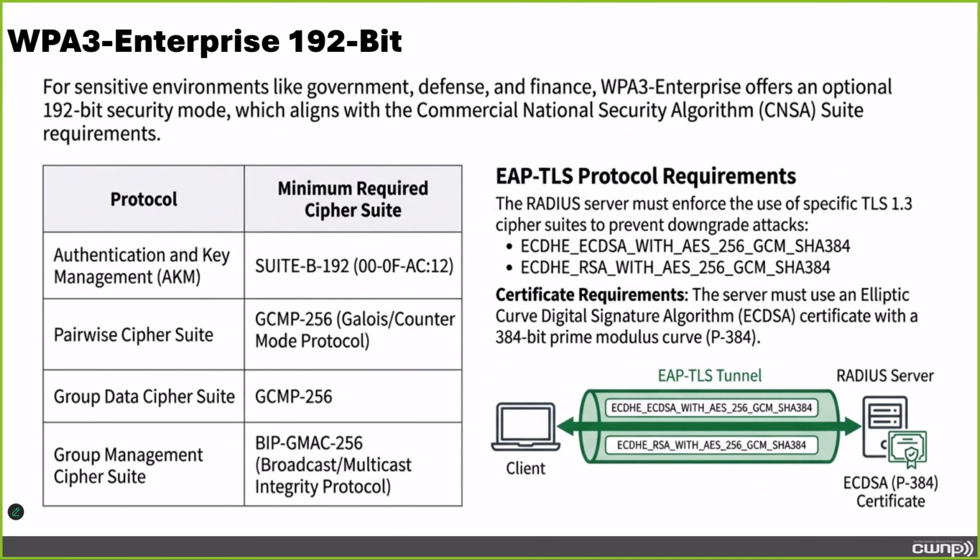And this is why we generally say WPA3 Enterprise 192 requires EAP-TLS, because it's easier to simply say that than to get into all the details, particularly if you're talking to a manager, of why you end up saying we have to use EAP-TLS, okay? So EAP-TLS becomes the effective requirement because that's what's going to give us the capability to implement all of the different parts and pieces that are required to get WPA3 Enterprise 192-bit.